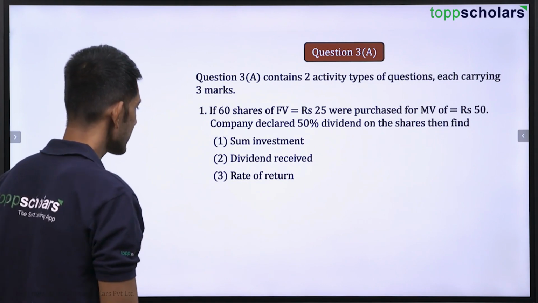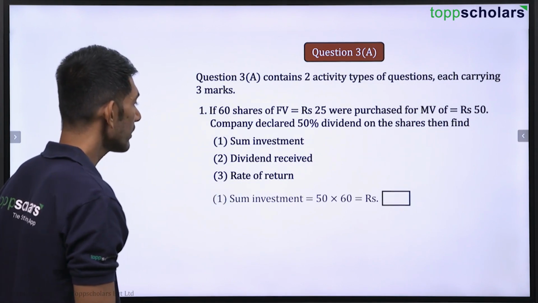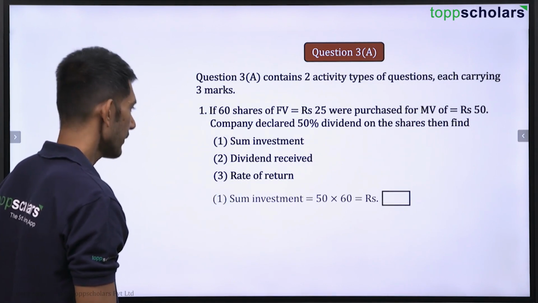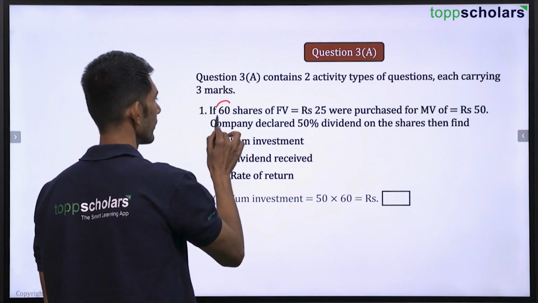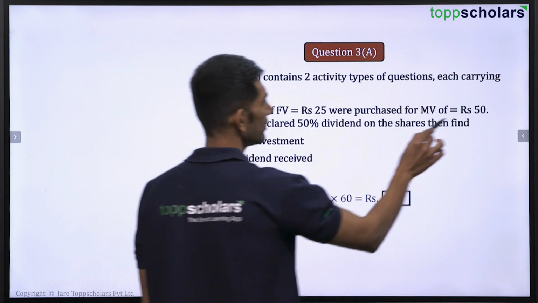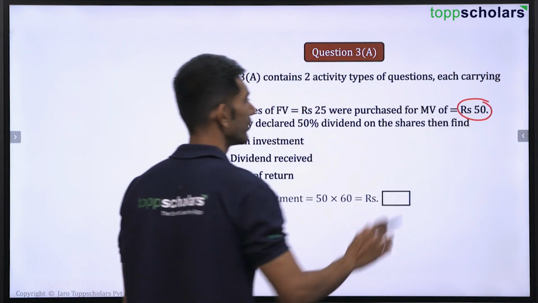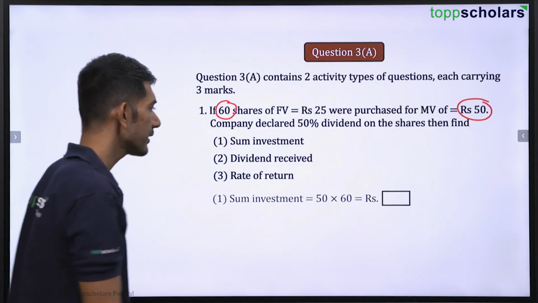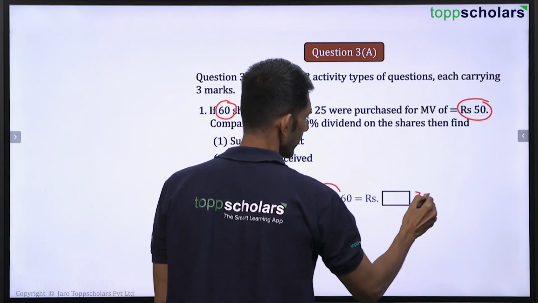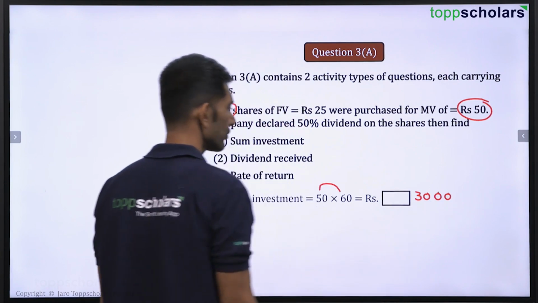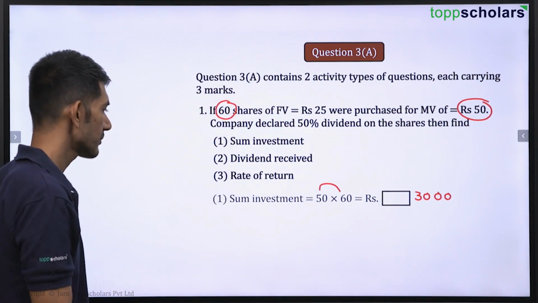The number of shares is 60. So what will be the invested sum? The invested sum will be 60 shares at the market value of 50, that is 50 into 60. 5 sixes are 30, and then 2 zeros. That is 3000.